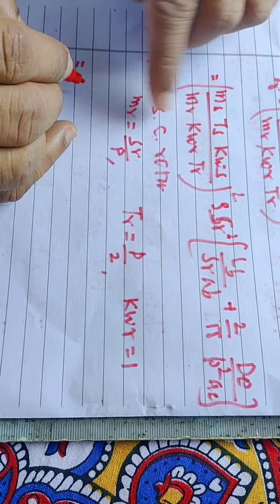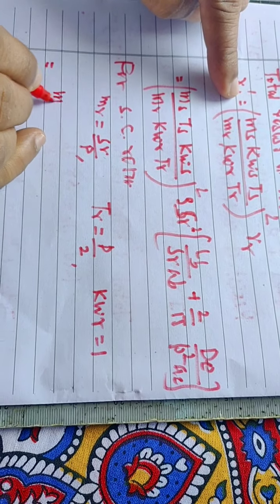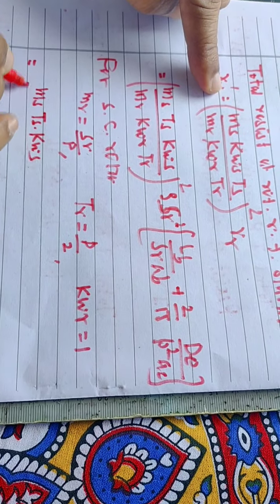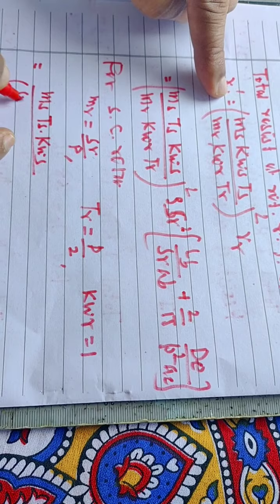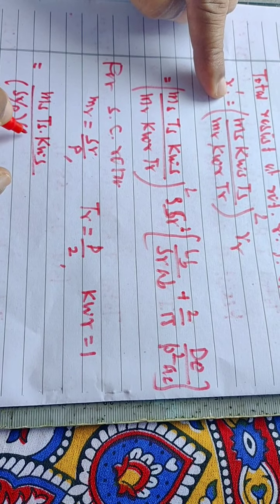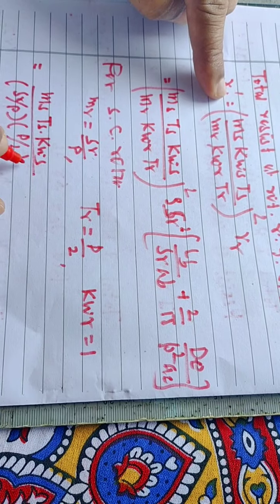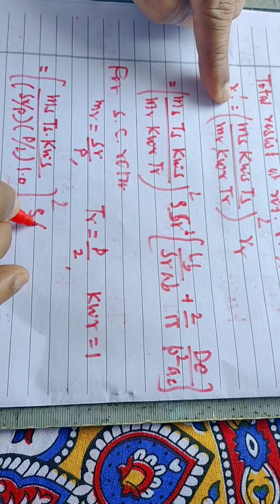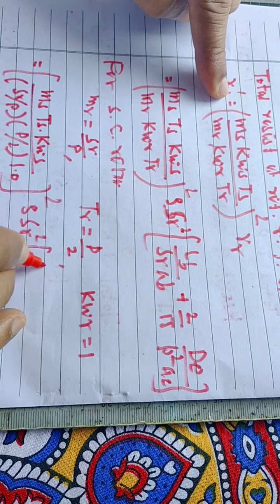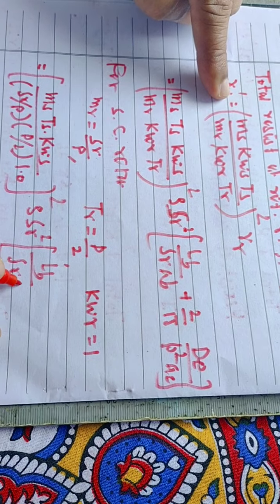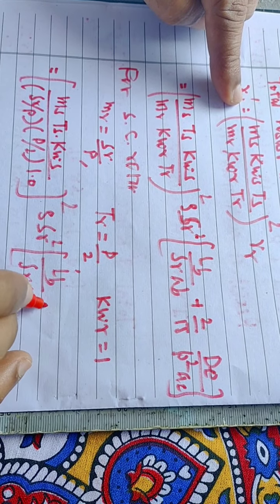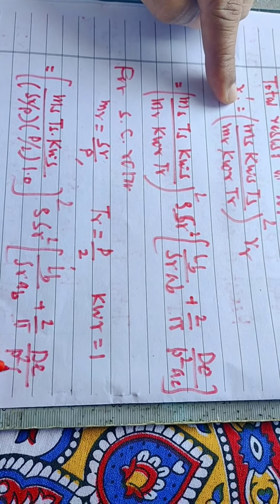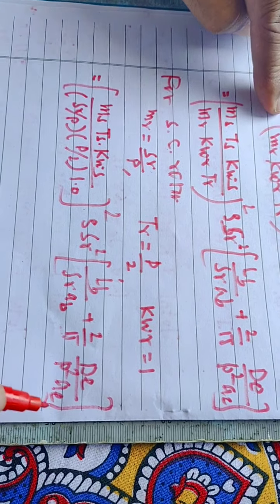Substitute here, we get MS TS into KWS upon SR upon P into P upon 2, KWR is 1, this is square rho SR square in bracket LB upon SR AB plus 2 upon pi DE upon P square into AE.